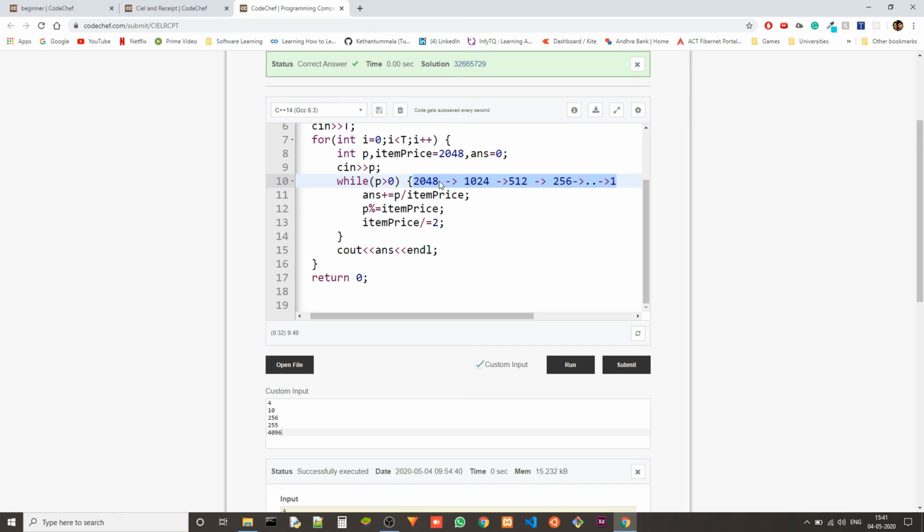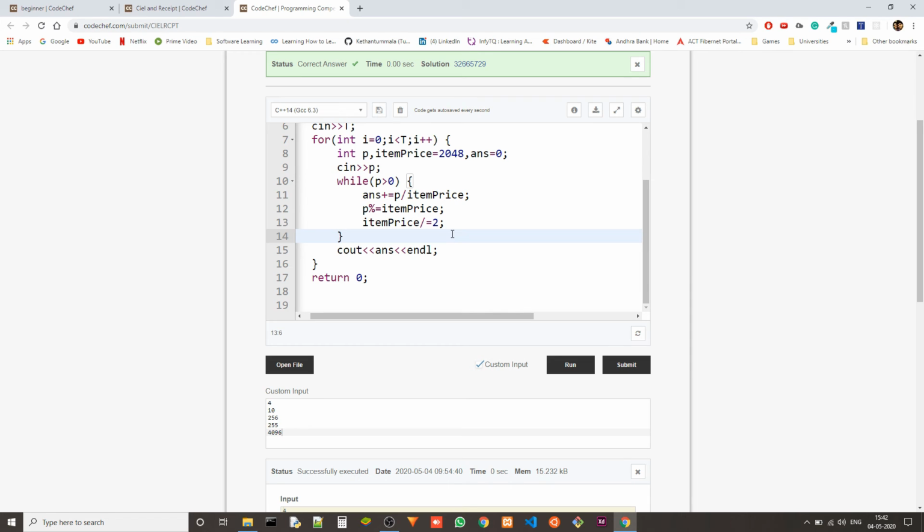So what is happening here is we are checking from 2048 till it becomes 1. So there is hardly 10 or 11 iterations of this loop, and that's the maximum iterations that this loop can go through, right? We can only go till 11 iterations, and with that it will end. So since we know what is the maximum number of iterations it can go through, and that number is constant, which is 11, right?